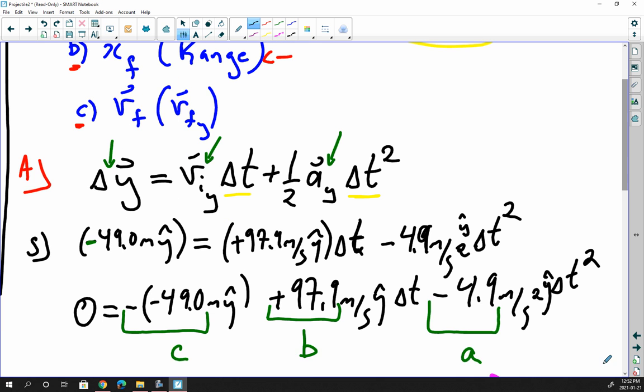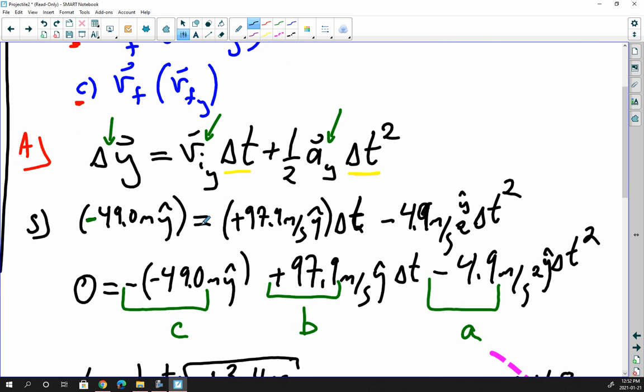Next, I rearrange this equation by bringing this value to the other side. So it leaves me with nothing on the left-hand side, 0. So this negative 49.0 meters y hat comes over to the other side, but since it comes over to the other side, I have to put a negative sign in front of it. Everything else stays the same.